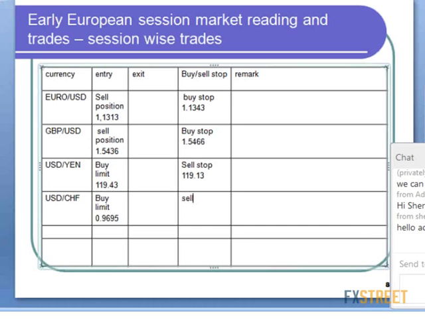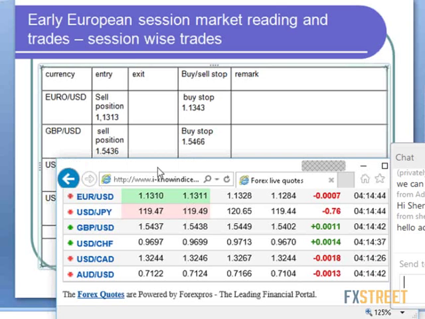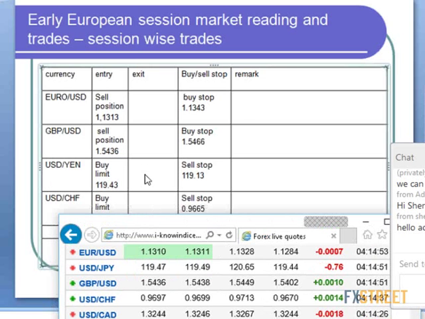That will be a sell stop, so 96.65. So in the 4 majors, I have taken 2 positions, in GBP, and in the case of yen and CHF, I just kept the buy limit order.